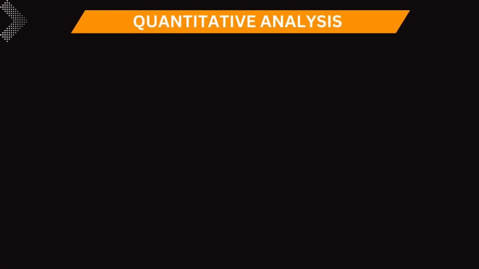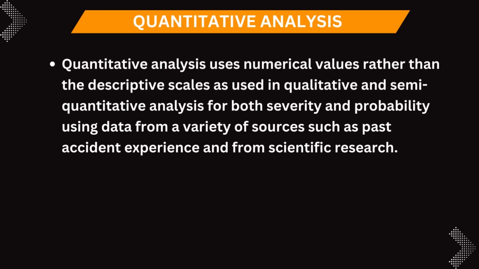Next is quantitative analysis. Quantitative analysis uses numerical values rather than the descriptive scales used in qualitative and semi-quantitative analysis, for both severity and probability, using data from a variety of sources such as past accident experience and from scientific research.